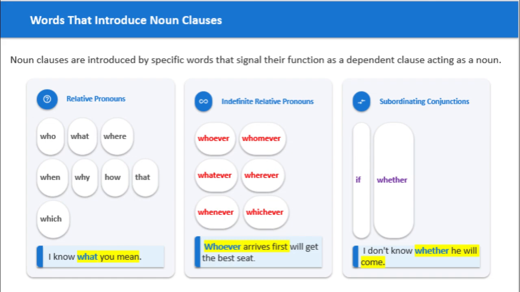You will notice three major categories on the slide. First, relative pronouns such as who, what, where, when, why, and how, as well as that and which. In the example, "I know what you mean," the word what introduces the clause. Second, indefinite relative pronouns, including whoever, whomever, whatever, and whichever.